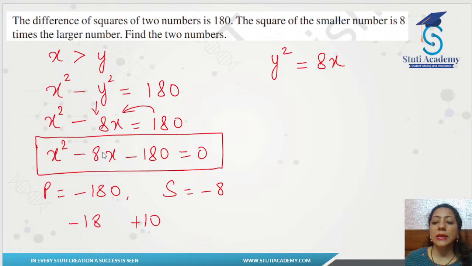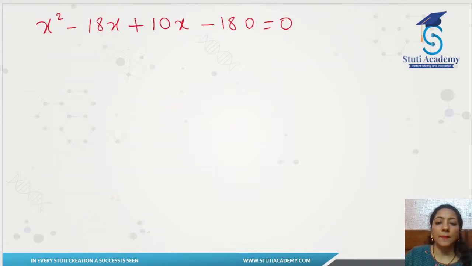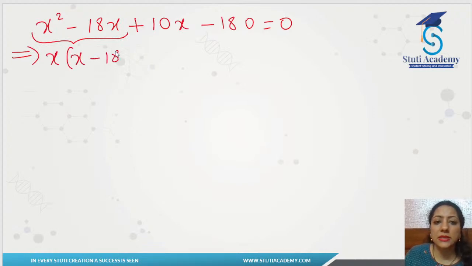Now in the next step, we'll split the middle term minus 8x. We are going to write it as minus 18x plus 10x. So we'll write this as x square minus 18x plus 10x minus 180 is equal to 0. Now we are going to combine these two terms and take common from here. We'll get x into x minus 18.